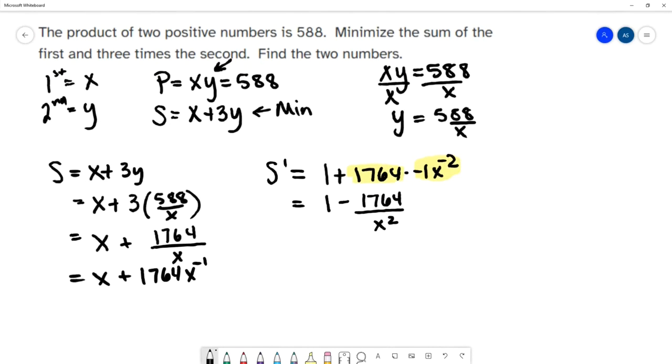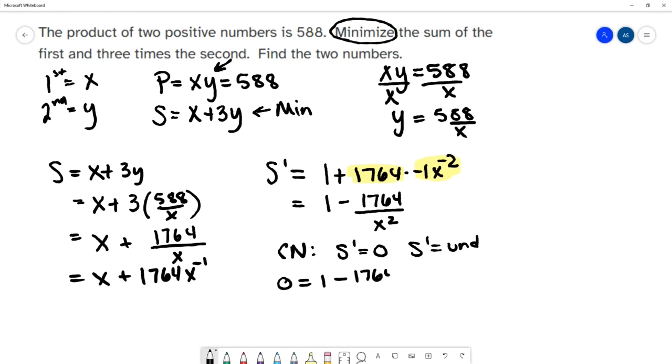And I'm going to use the second derivative test to minimize this. I'm looking for a relative minimum. So I need to find the critical numbers. Critical numbers are where the derivative is equal to 0 or where the derivative is undefined. So I'll set that derivative equal to 0. I'm going to add the 1764 over x squared to both sides.